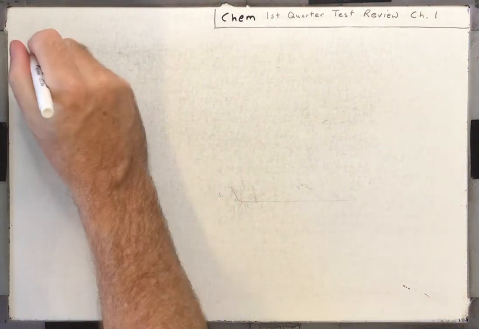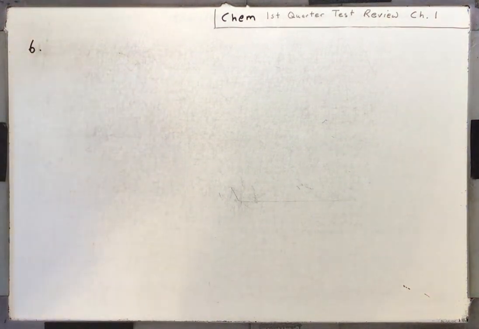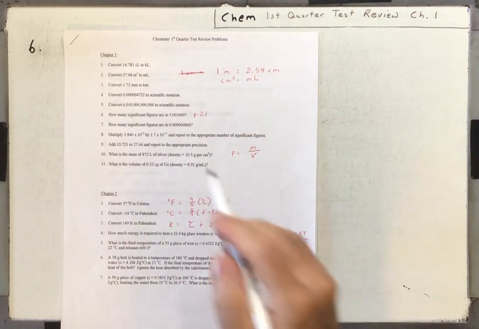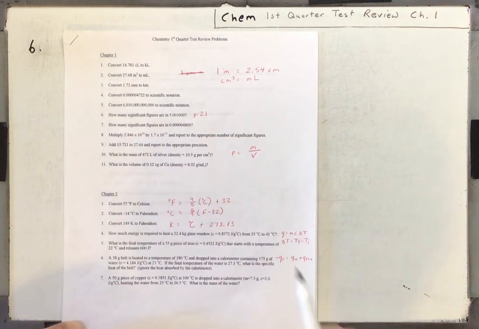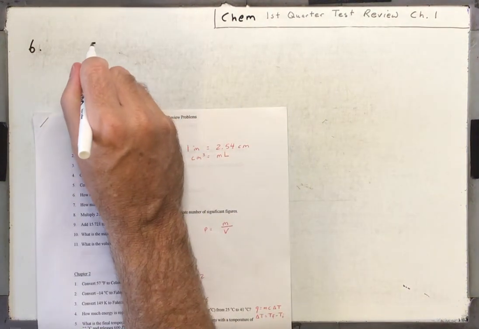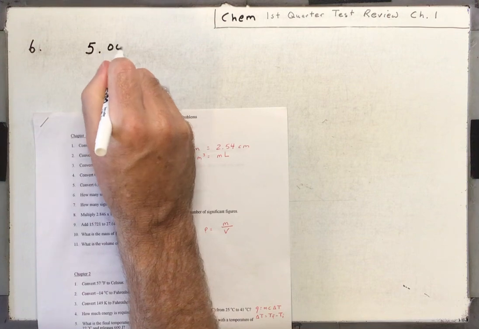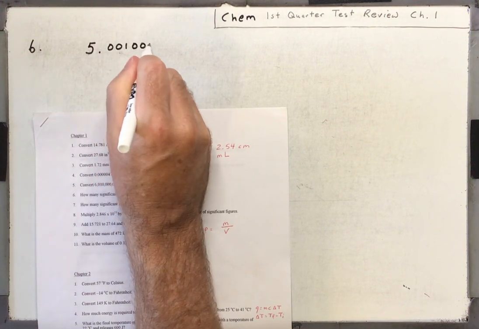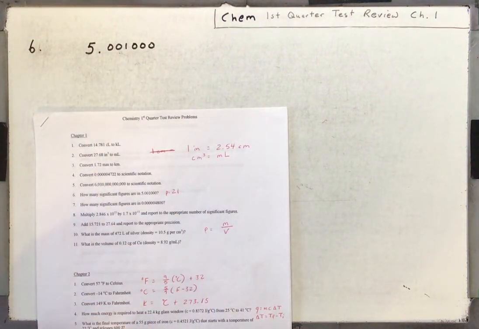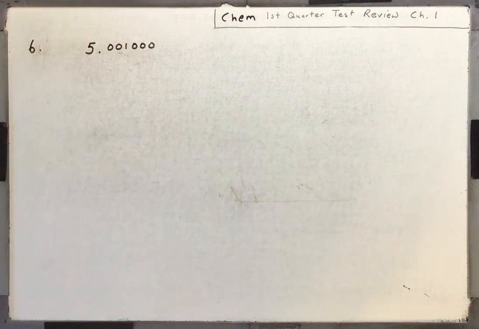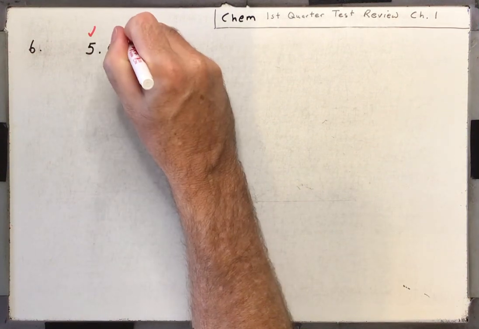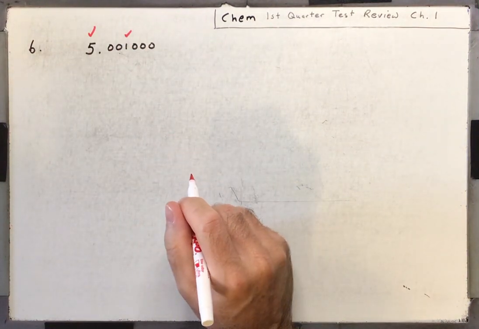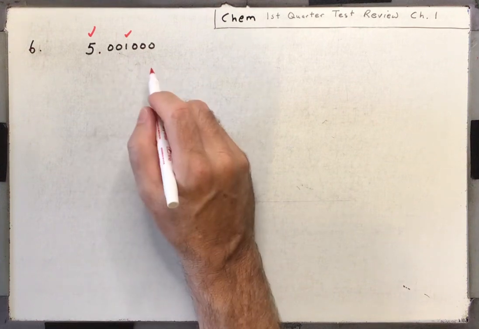All right, number 6. So how many significant figures are in 5.001000? Well, remember, significant figures are really about the zeros. So we know the 5 and the 1 are significant. So the question is, what about all those zeros?